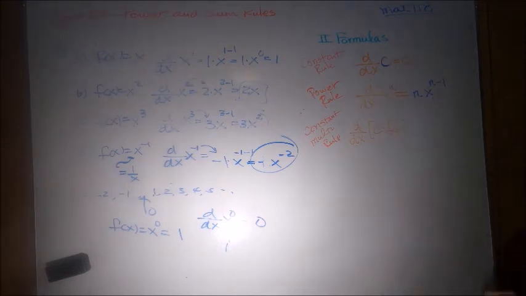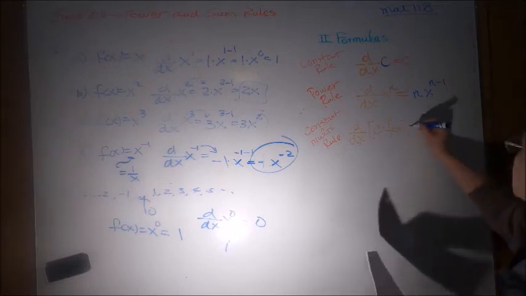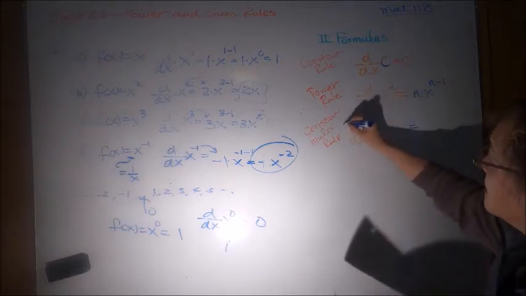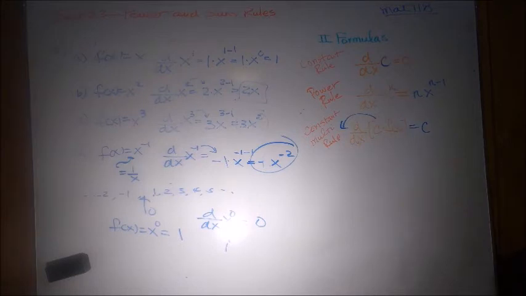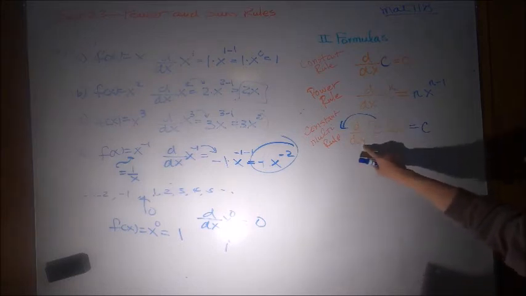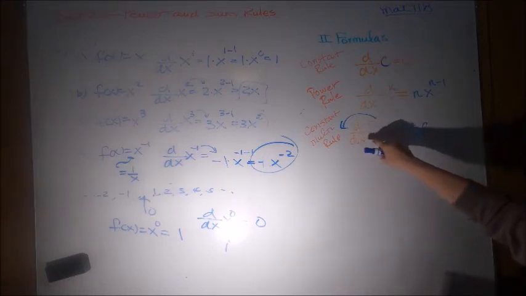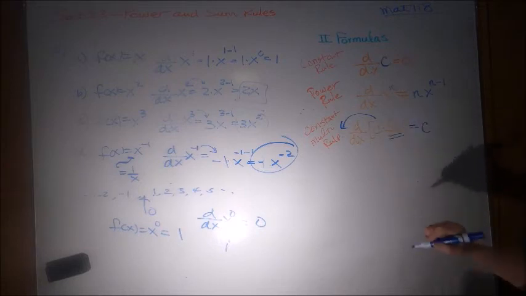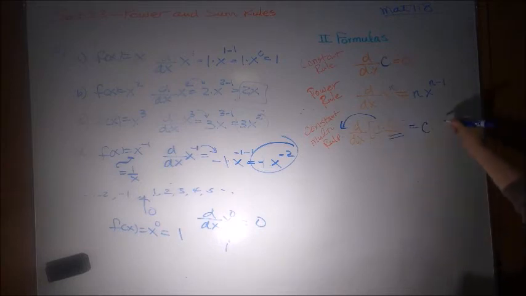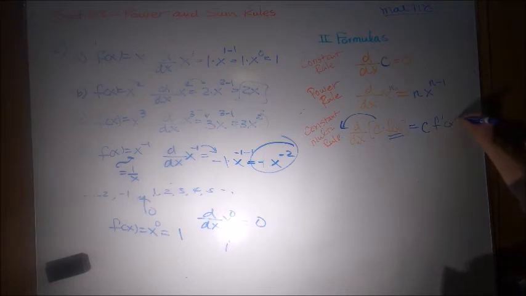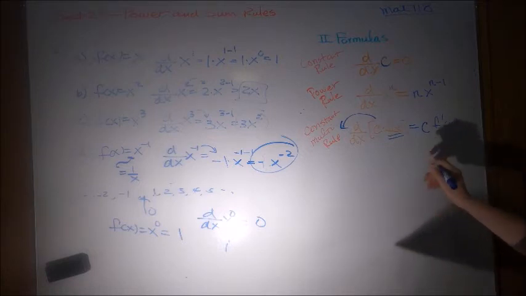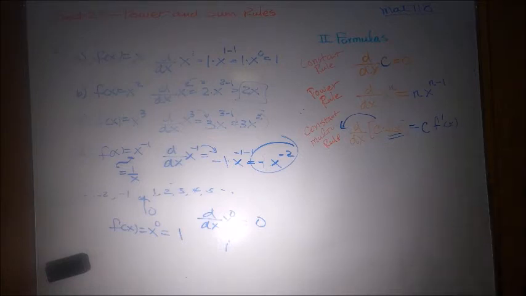It says the rule goes like this. You can take this constant out, okay? Then you take d over dx of f of x. Then f of x, when you take a derivative, that will be your f prime of x. That's what it's saying, okay?